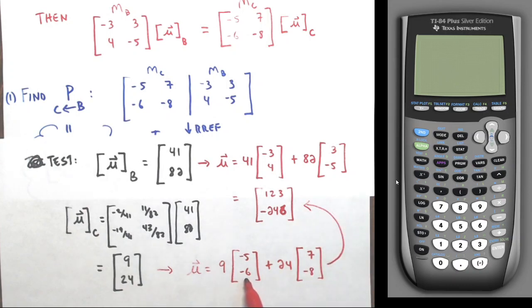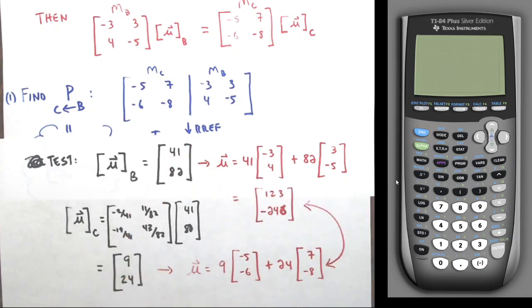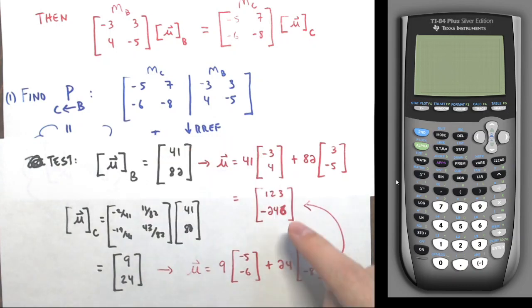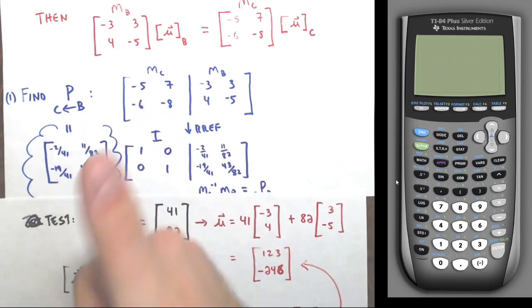And negative 54 minus 192 is negative 246. These are the same. So I transition from coordinates with respect to B into coordinates with respect to C, and they both represent the same vector, 123, -246. So that matrix works. That's good.